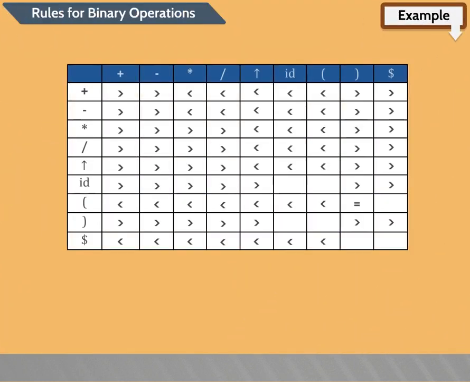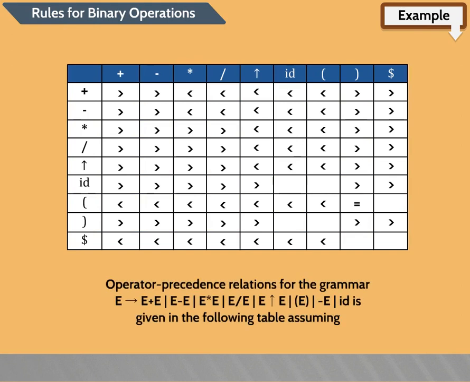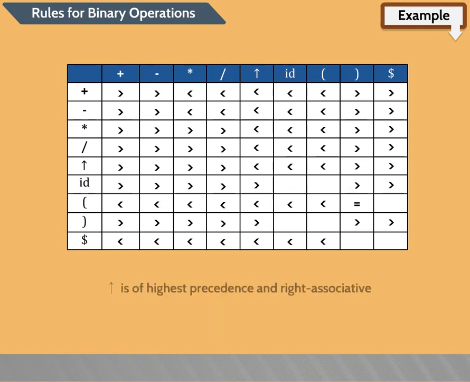Example: operator precedence relations for the grammar E provides E plus E, E minus E, E into E, E slash E, E higher precedence E, minus E, id is given in the following table, assuming the higher precedence operator is the highest precedence and right associative.